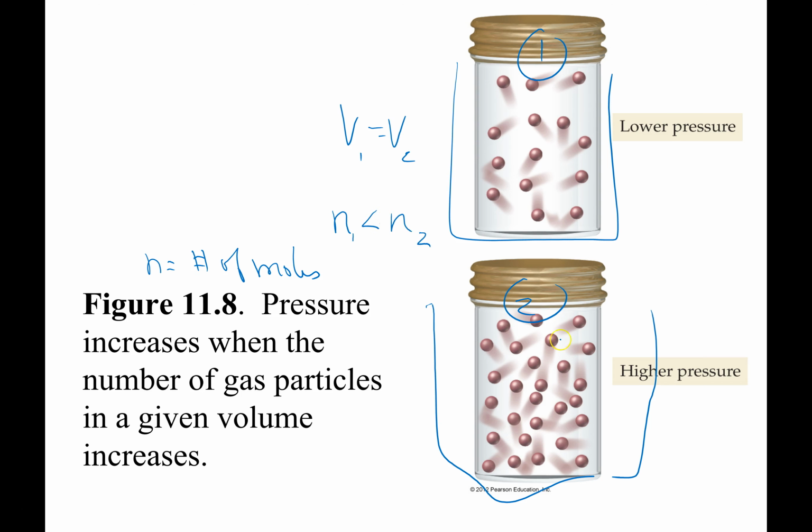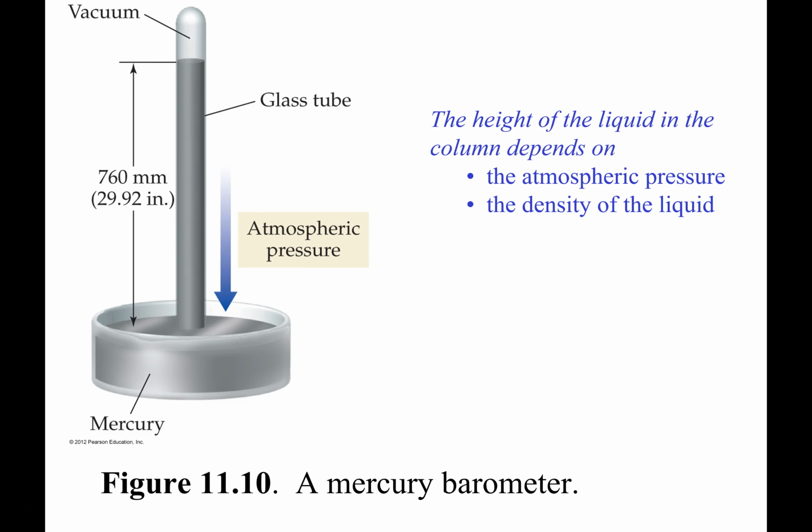Does that make sense? It looks like there's more down here. So at the one where we have more moles, does it not look like it's a higher pressure? So what would you say about the pressure? I would say pressure 1 is less than pressure 2. Okay, very good. They're very intuitive.